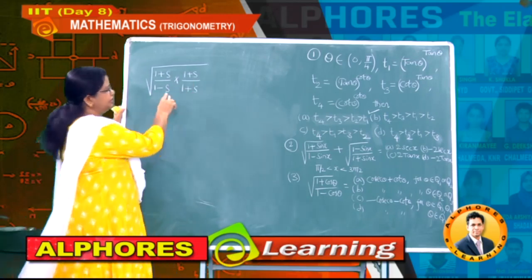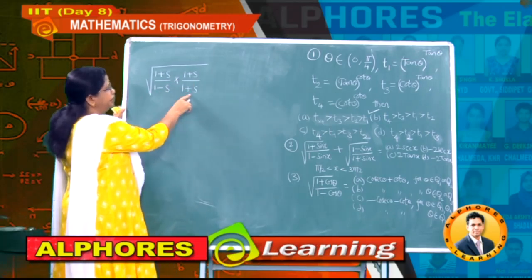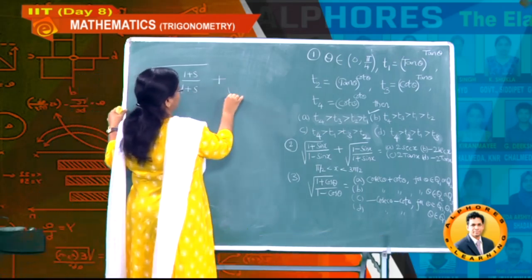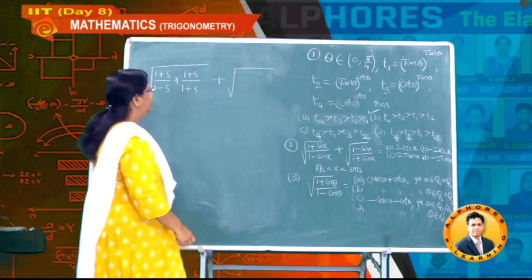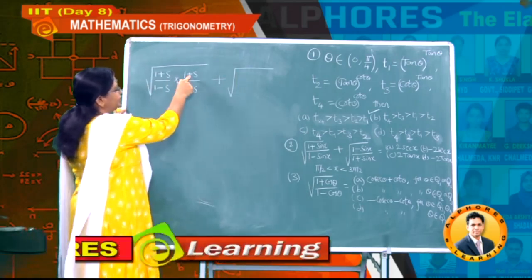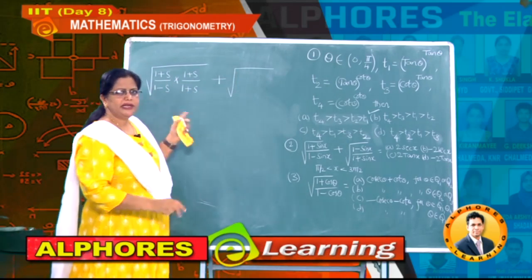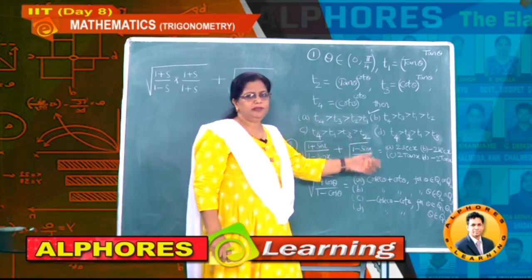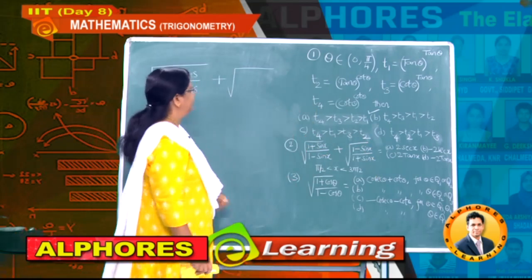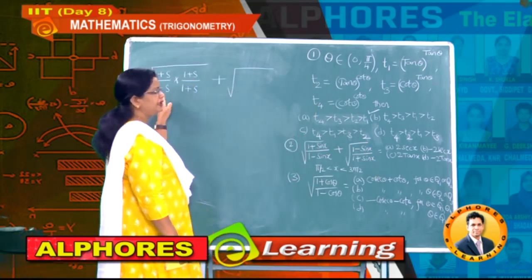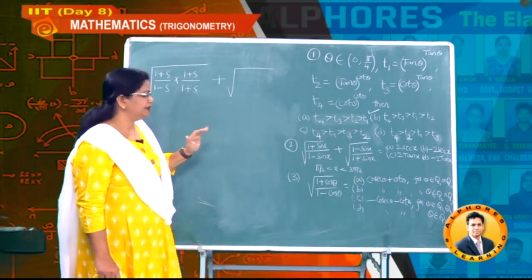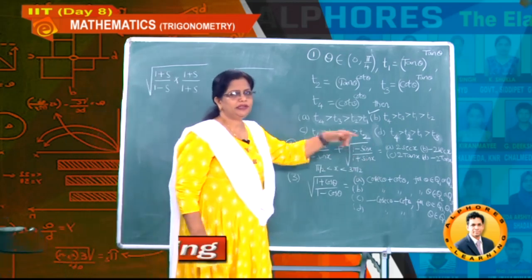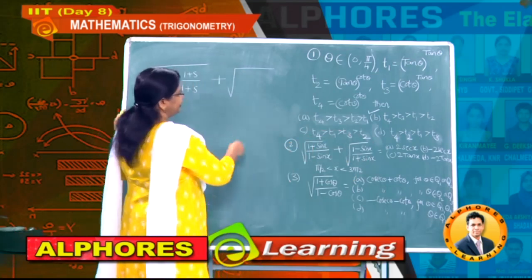It is 1 minus sine square, which would become cos square. Now the plus symbol, square root of 1 minus sine by 1 plus sine; here the same move is not necessary. I want the denominator to be a cos term. For that purpose I will multiply and divide by the reverse, 1 minus sine by 1 minus sine.